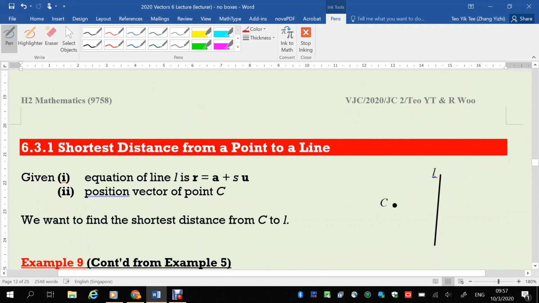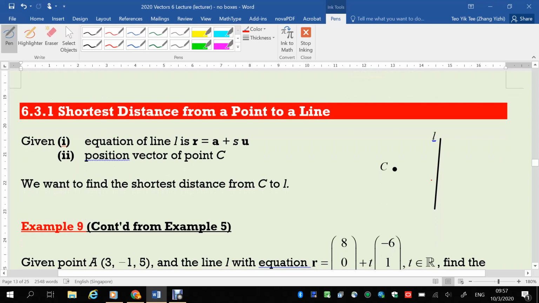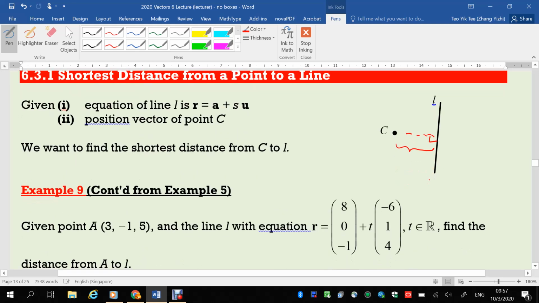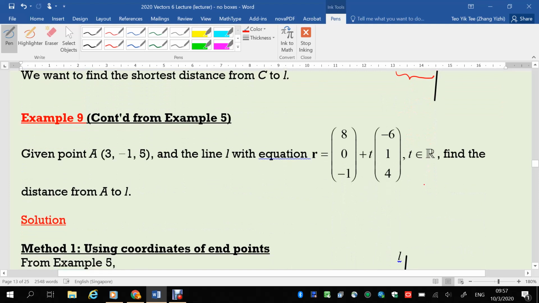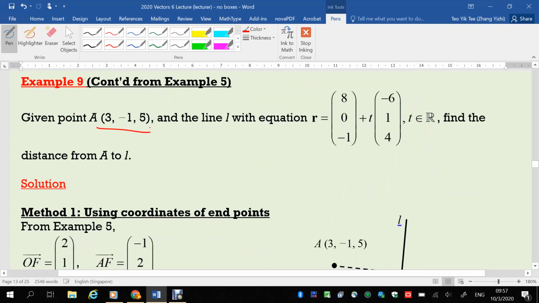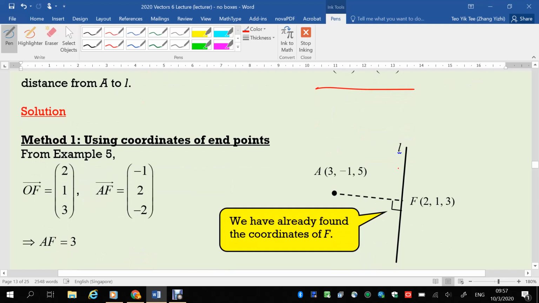Now, in the context of a point to a line, diagrammatically, what I'm trying to find is this distance, the shortest distance from a point down to a line. If you continue from your previous example 5, you have point A and a line L. Your job is to find the distance from A to L. This is my point A, this is my line L. The shortest distance, if I use method 1, would be the length of AF, where F is the foot of perpendicular that you have found previously.